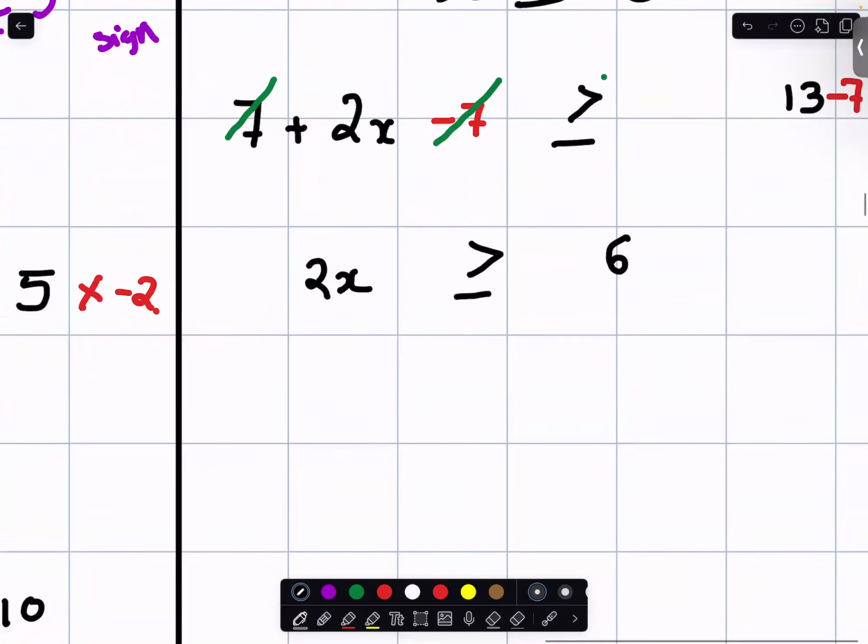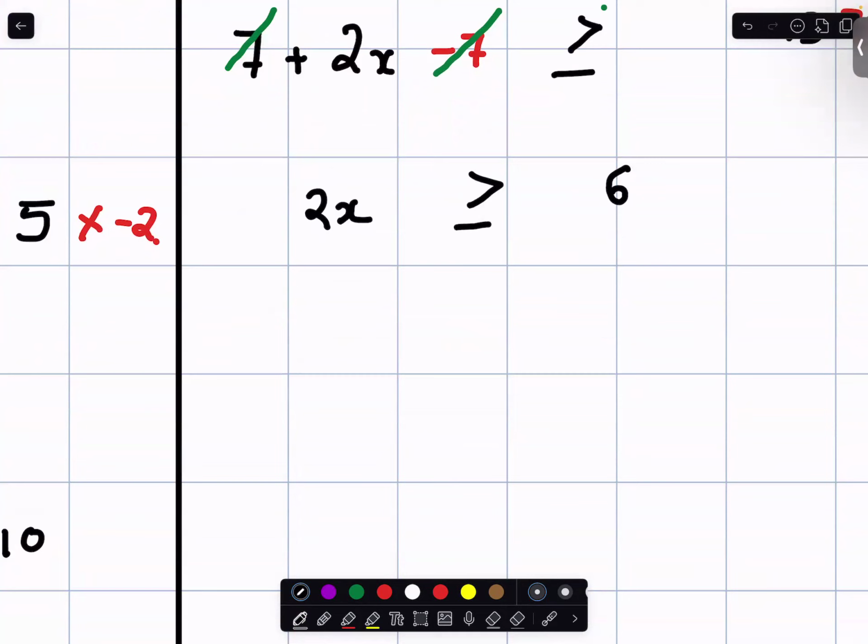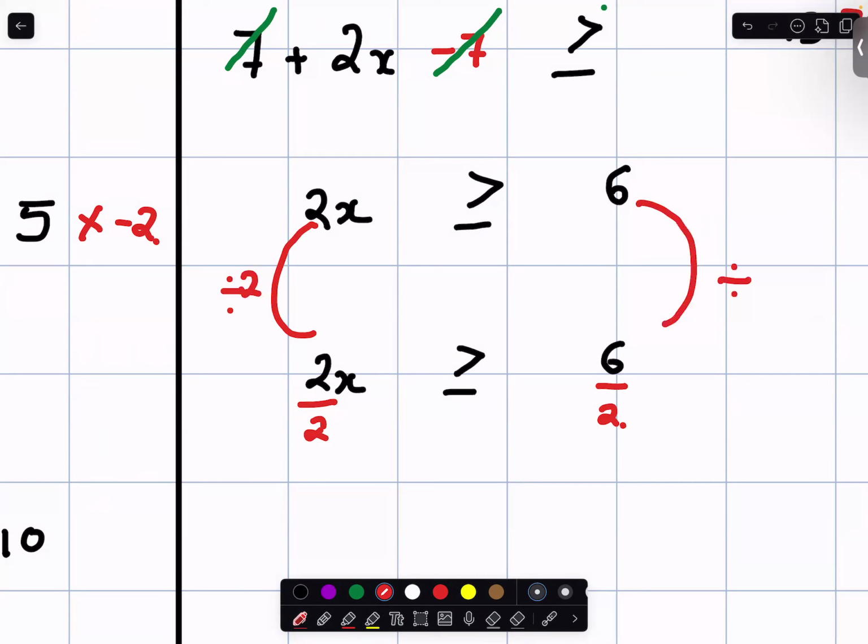Now I want to make this x single. So what I will do is divide both the sides by 2. Since I'm going to divide by 2, you need to show it like this: divide by 2, divide by 2.